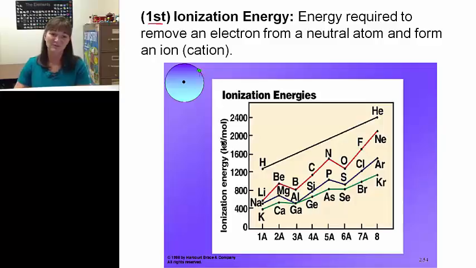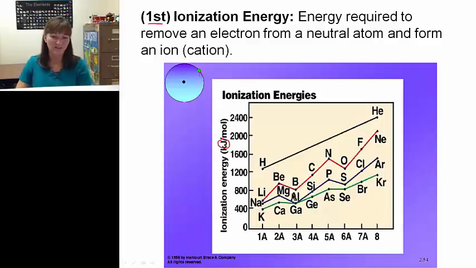Remember, joules is a unit for energy, so that should make sense that we would have joules as a unit for ionization energy. So the ionization energy is increasing. If we look at hydrogen and helium, we could say as we move from left to right on the periodic table, the ionization energy is going to increase.